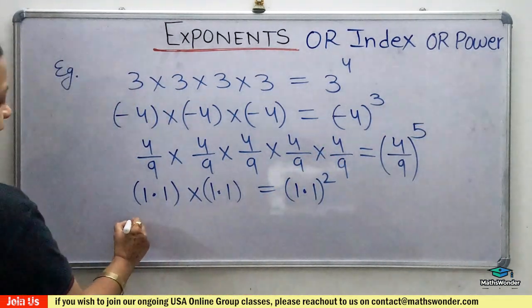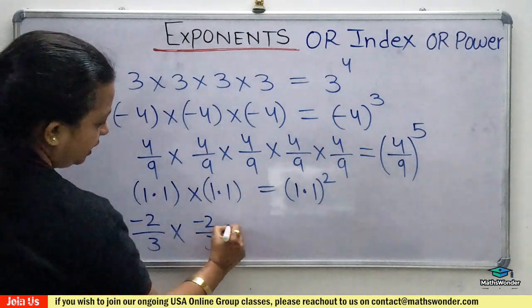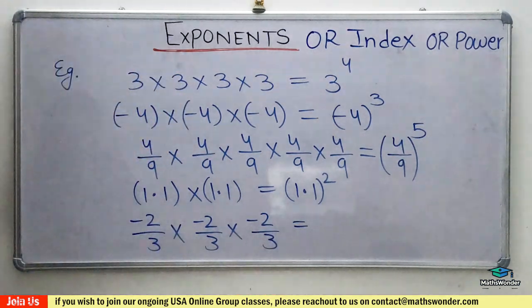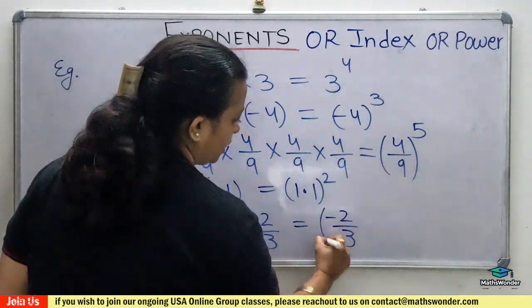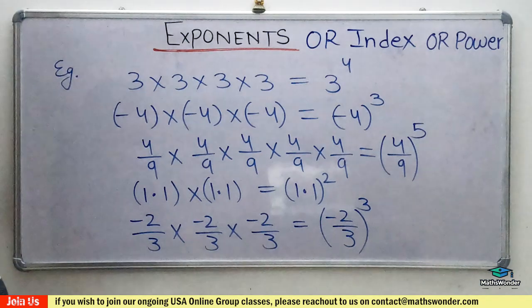Now the same thing we can do with rational numbers. See, -2 over 3, -2 over 3. So how will you write it? -2 over 3 to the power of 2. How many times? 1, 2, and 3, right? 3. Got it? Understood the concept?